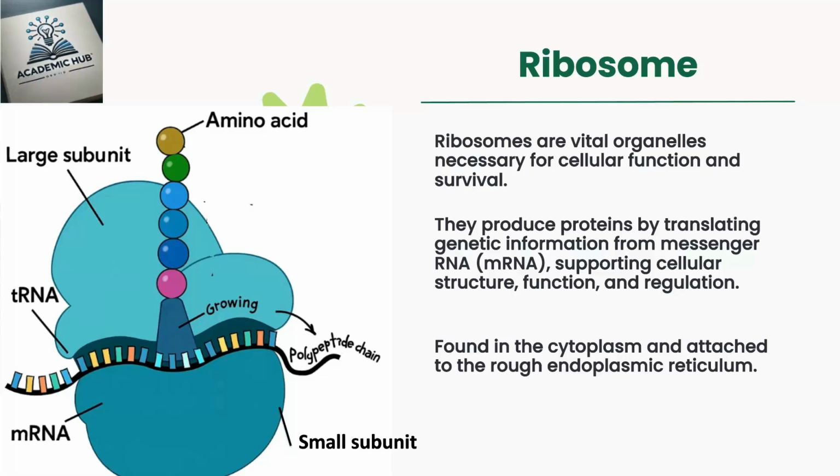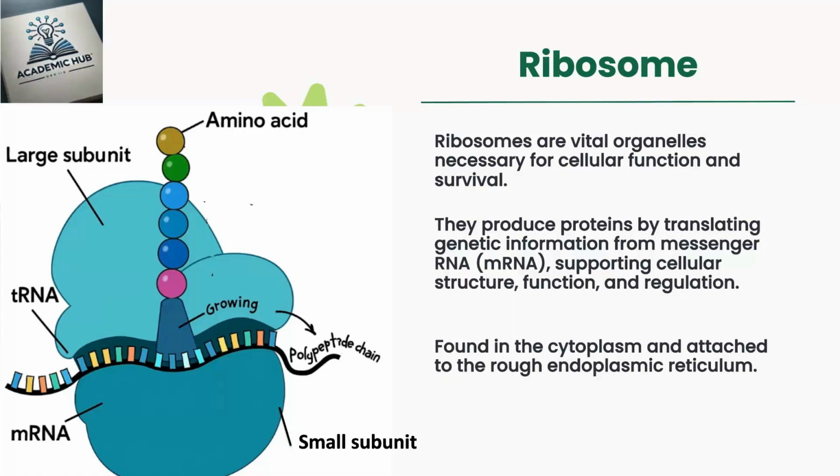The small subunit binds to messenger RNA and ensures correct translation. The large subunit joins amino acids together to form a protein chain. This is the protein chain. Before going to the next topic, we will take an example, ribosome as a factory.